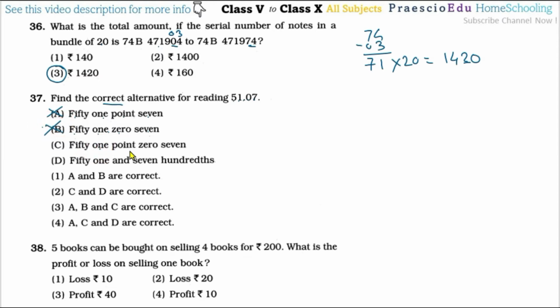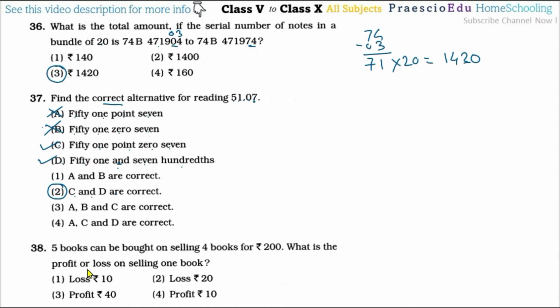Then 51.07, yes, this is correct. 51 and 7 hundredths, yes, 7 is at the hundredths place, so this is also correct, another way. So C and D are correct, means option number 2 is the correct one. Then question number 38, 5 books can be bought on selling 4 books for rupees 200.